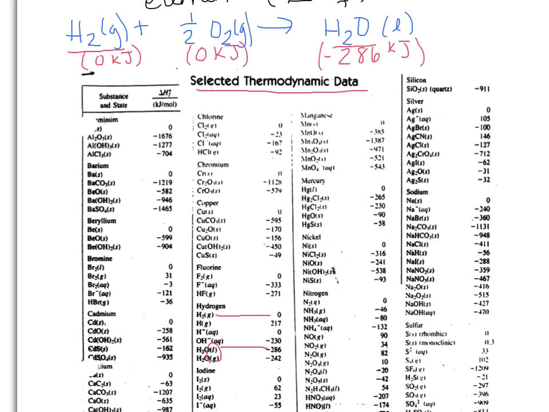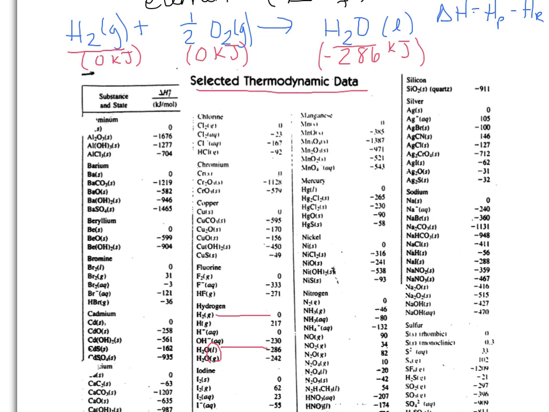The next step in our work is to find delta H. Remember, delta H is heat of the products minus heat of the reactants. What we have here are our products.